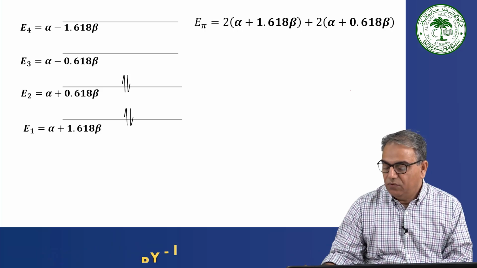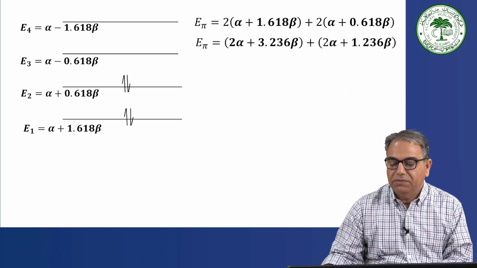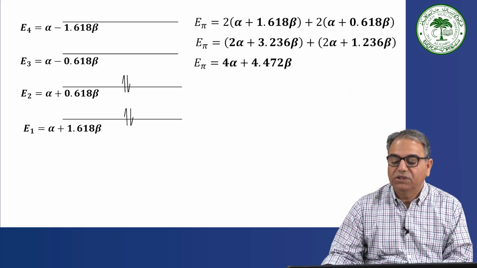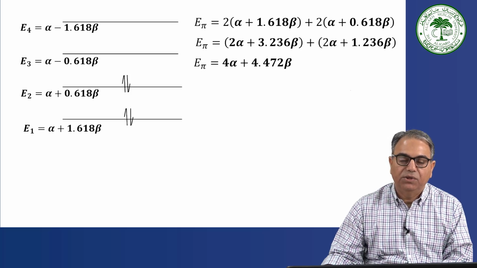So the total energy is 2 alpha plus 3.236 beta plus 2 alpha plus 1.236 beta. So 2 alpha and 2 alpha will be 4 alpha, and adding the beta terms, 4 alpha plus 4.472 beta is the total pi energy of the butadiene system.